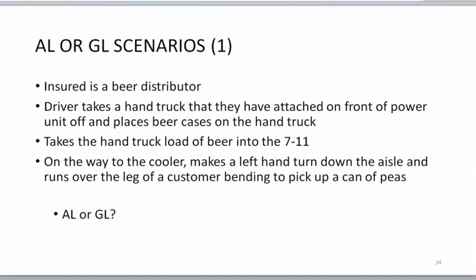The injuries to the customer's leg occur as our driver is taking that hand truck load of beer to the cooler, even though the vehicle is 1,000 yards or 100 yards or 100 feet away from the entrance of the 7-Eleven. Is that auto or GL?